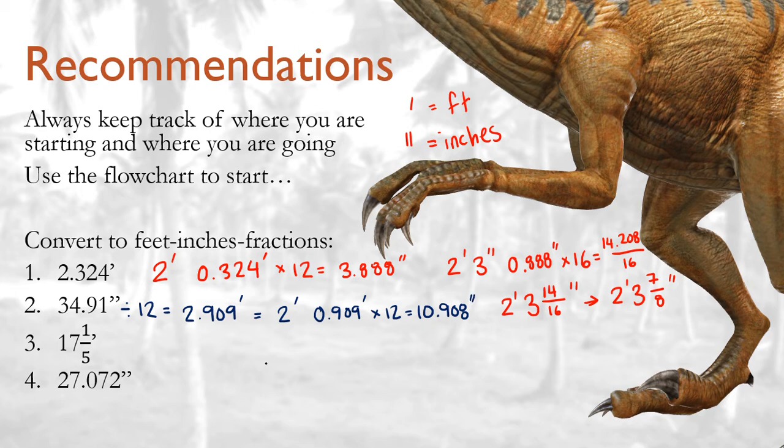Okay. So now we know we have 2 feet, 10 inches, and 0.908 inches. We are going to convert the 0.908 to sixteenths by multiplying it by 16, and we will get 2 feet, 10, and now we get to put it as a fraction because we converted it, and I think I got around, what did I get? 14.528.